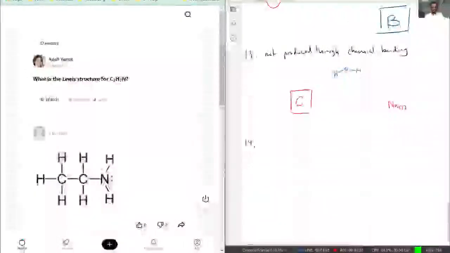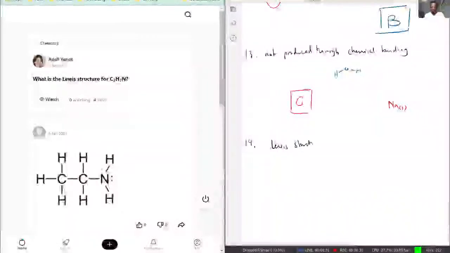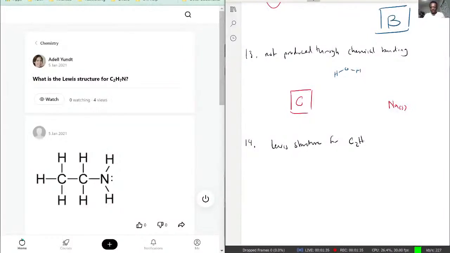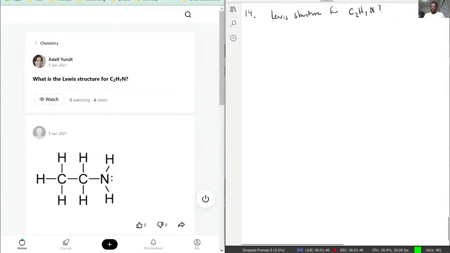and we're gonna start off with question number 14, which unfortunately has the answer there, and I cannot hide it. But nonetheless, what is the Lewis structure for C2H7N? For this question, we definitely have to recognize what group is here.